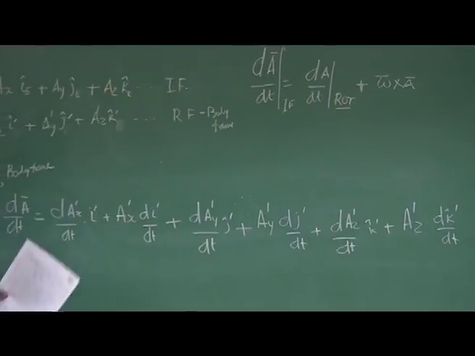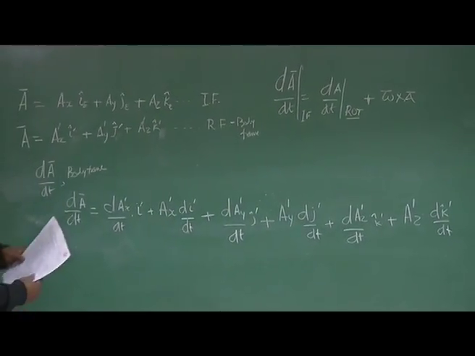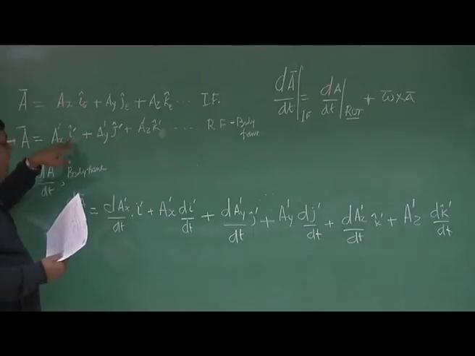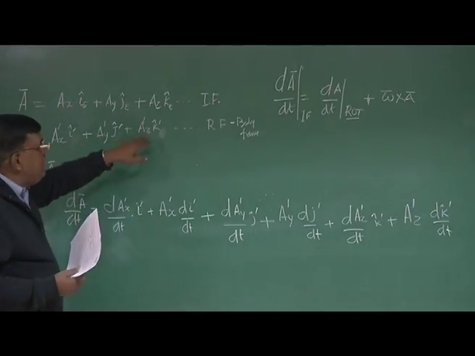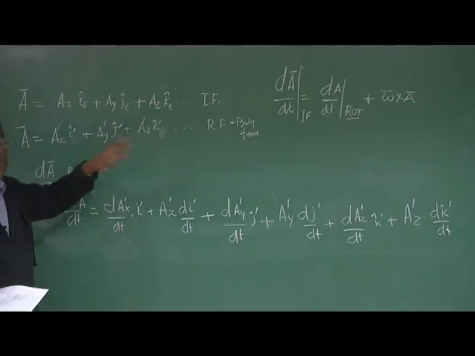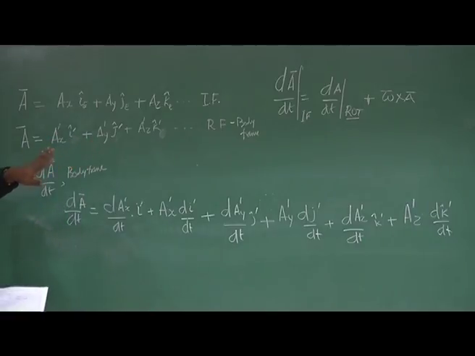Other terms are here. This I_E, J_E, K_E were the unit vectors in the earth fixed reference. I prime, J prime, K prime are the unit vectors in the body frame reference. Initially, I wrote here I_E, J_E and K, which is absolutely wrong, because the unit vectors are different, right?